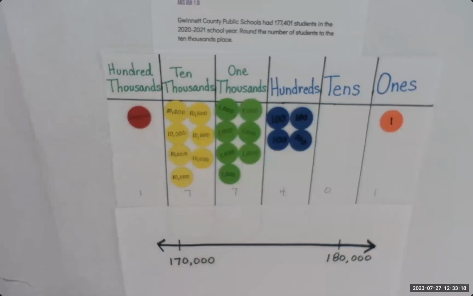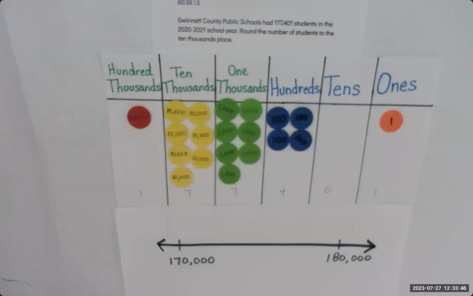Now, in order to help me determine which of these numbers is closest to the number of students in Gwinnett County Public Schools, I'm going to also think about what the midpoint of this number line is, because that midpoint will help me determine which benchmark number is closest to 177,401.